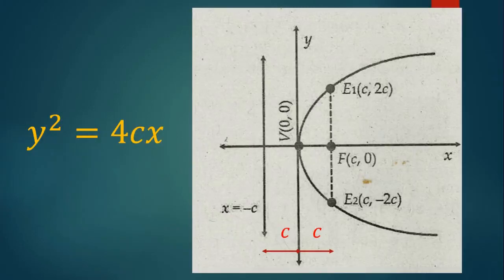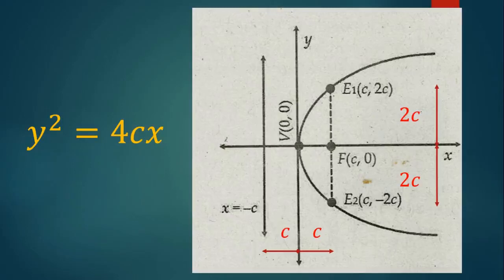Kaya negative ang measurement starting from the origin. Therefore, the equation is x equals negative c. At ang length ng ating latus rectum, alam naman natin, is equivalent to 4c. 2c on top and 2c below.